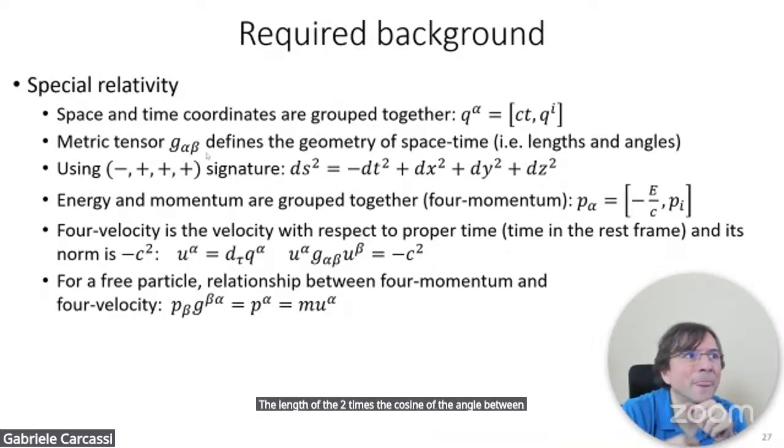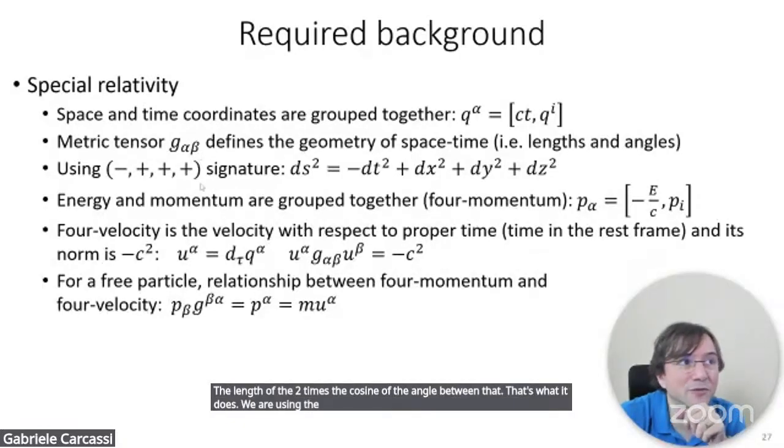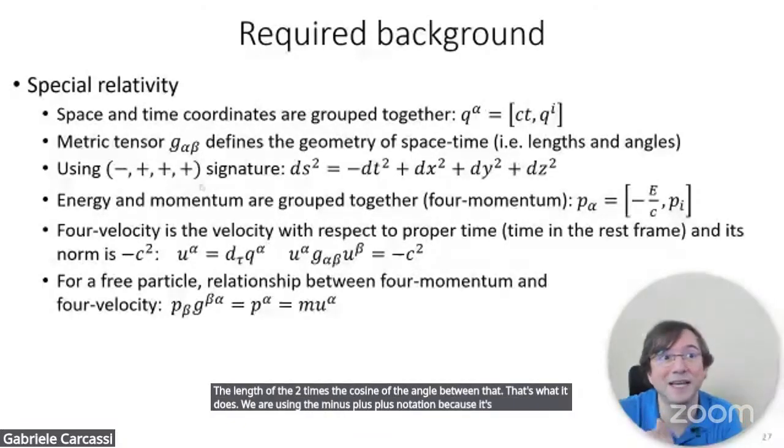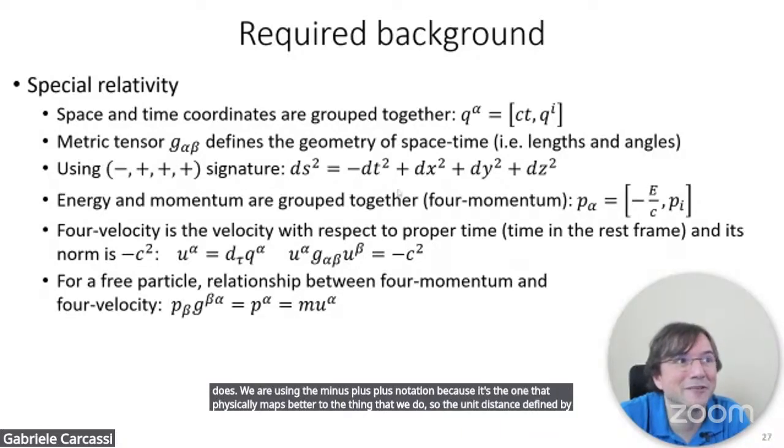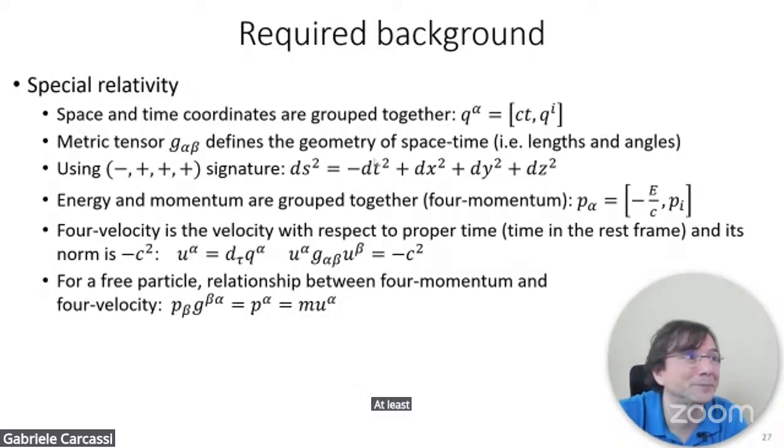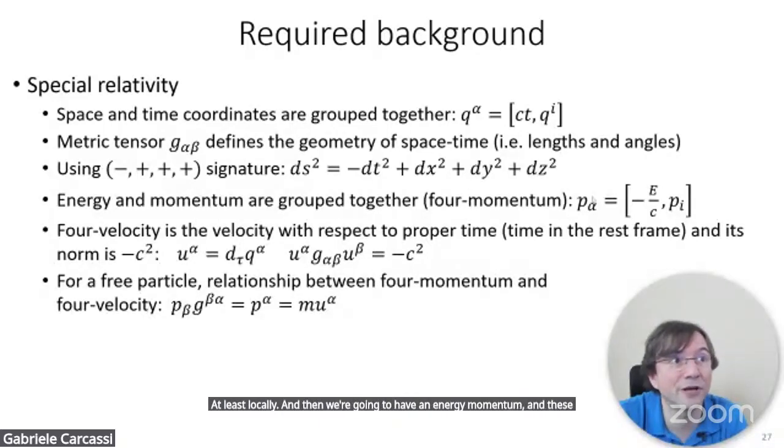That's what it does. We are using the minus plus plus plus notation because it's the one that physically maps better to the thing that we do. So the unit distance defined by our metric tensor is going to be dx squared plus dy squared plus dz squared minus dt squared, at least locally. And then we're going to have an energy and momentum, and these are grouped together in the four-momentum.